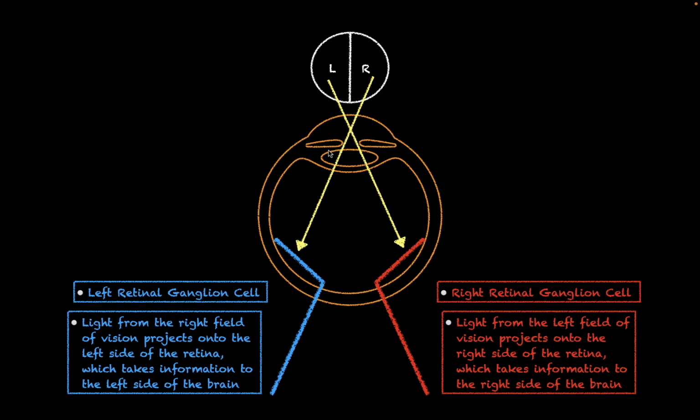So now that we understand this concept, let's move on to what this reflex does. In order to understand this reflex, let's draw our left eye, and now let's also draw our right eye. As you know from the previous few minutes of this video, we have both a left and right side to the retina for both our eyes.